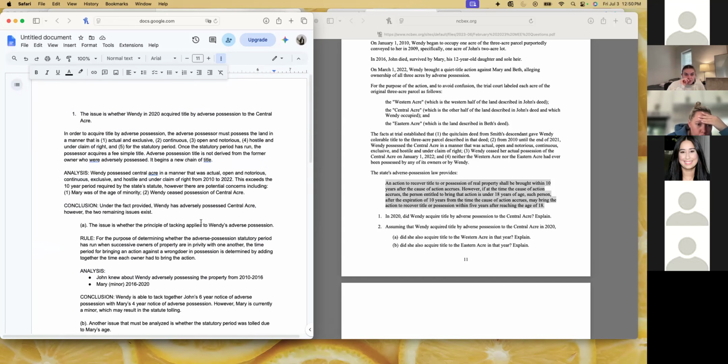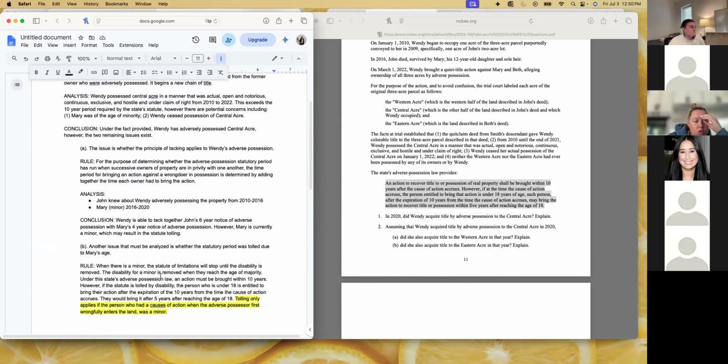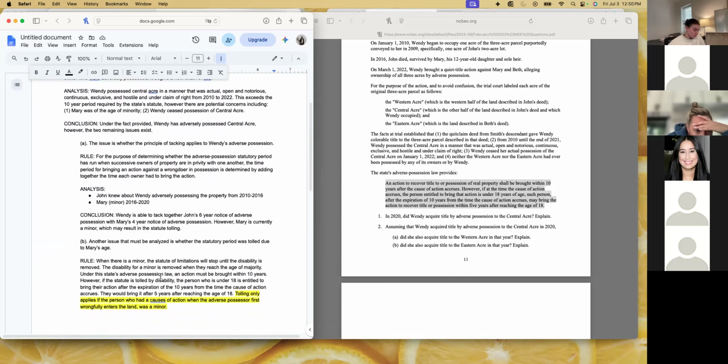Okay. So the cause of action accrues at the time the adverse possession enters. Yes, correct. So for the tolling part, if Wendy had started adversely possessing when Mary was 12, and we forget about John, then it would toll until she was 18, and then the statutory limit would start to run.